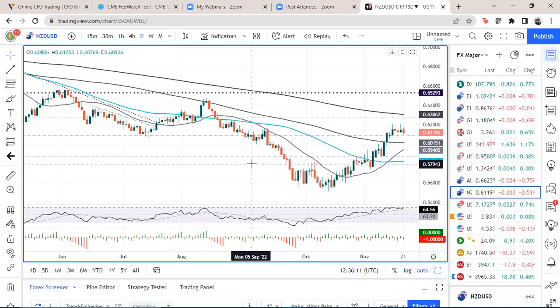That would take the cash rate to 4.25%. The other analysts lean towards a 50 basis point move. Just recapping, at its last meeting in October, the RBNZ reported that it did consider a 50 or a 75 basis point hike, given the inflation challenge. In the end, it chose a 75 basis point move.